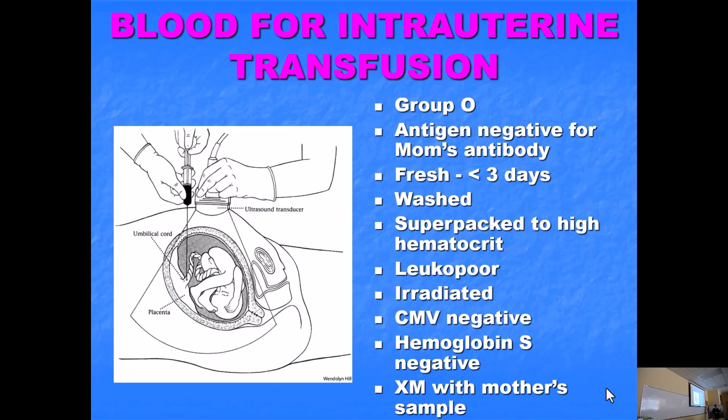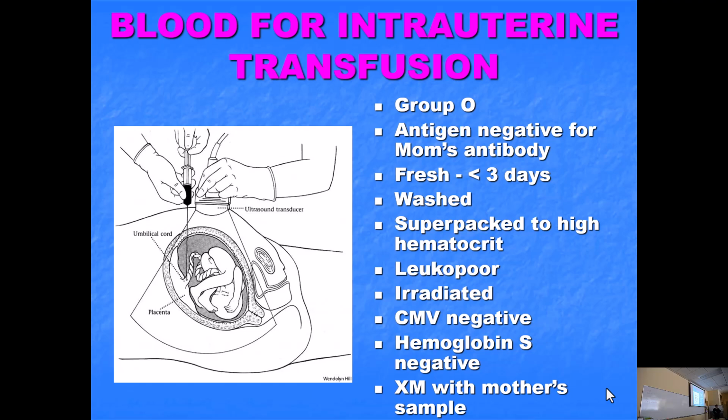Wherever mom's antibody is, it's going to be antigen negative. It has to be fresh, less than 3 days old. We want it super, super fresh. We wash it because we don't want to give any plasma. Super pack it to a super high hematocrit because we don't want to give extra fluid to this little baby, because we're going to end up with problems.